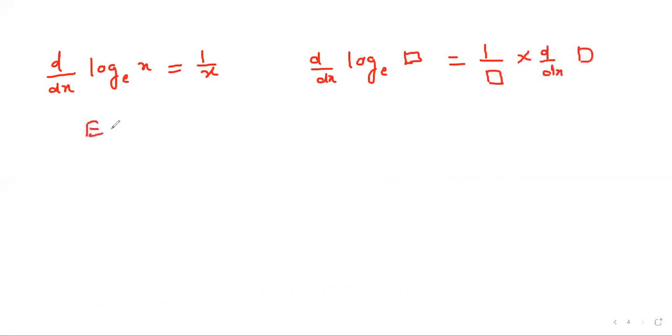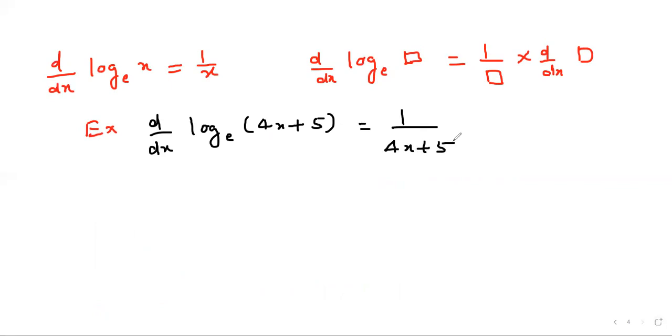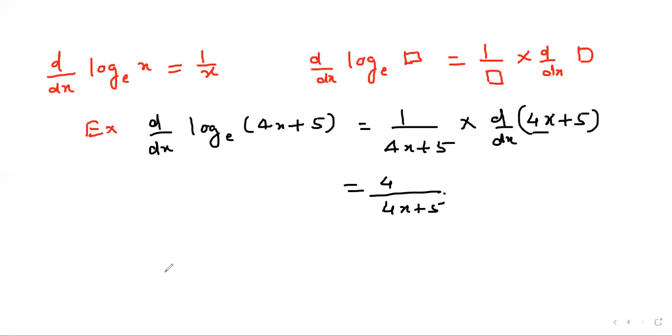Example, suppose it is d upon dx of log 4x plus 5. So it will become 1 upon 4x plus 5 into d upon dx of 4x plus 5, and the derivative of 4x plus 5 will be 4. So our answer will be 4 divided by 4x plus 5.